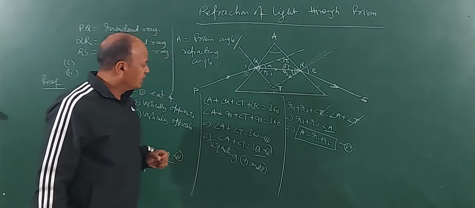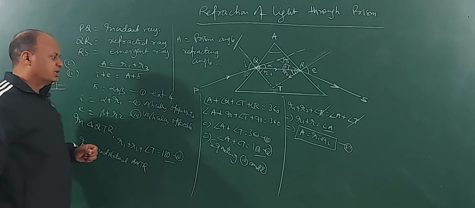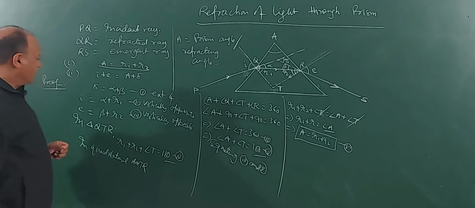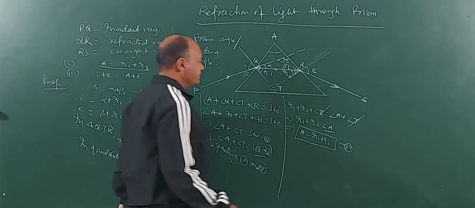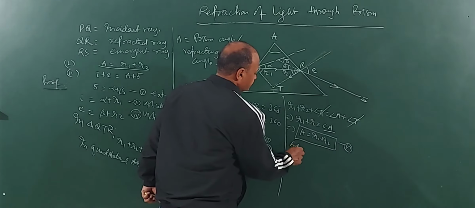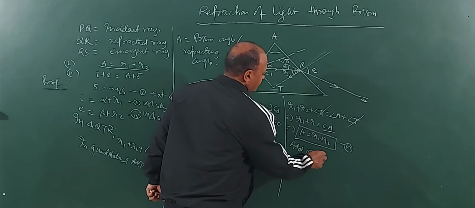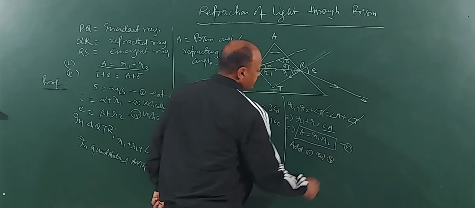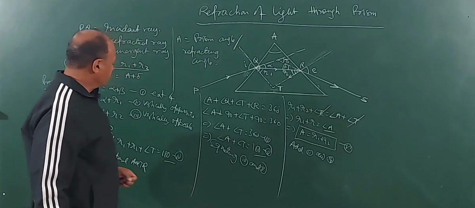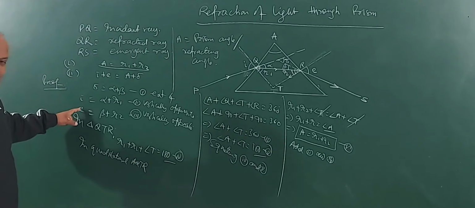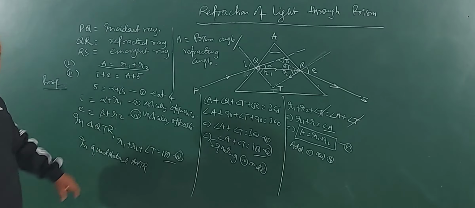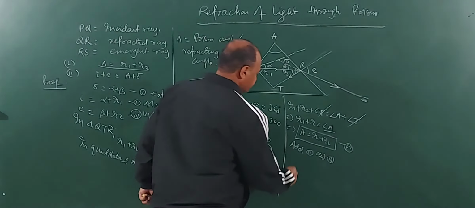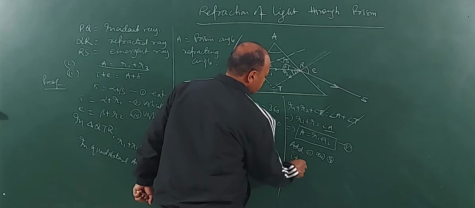Alright. Now, once we got A equals to R1 plus R2, I will be adding equations 2 and 3. Let us add equations 2 and 3. If I add, children, 2 and 3, then what will you get on the left hand side? I plus E. Right hand side, what will you get?